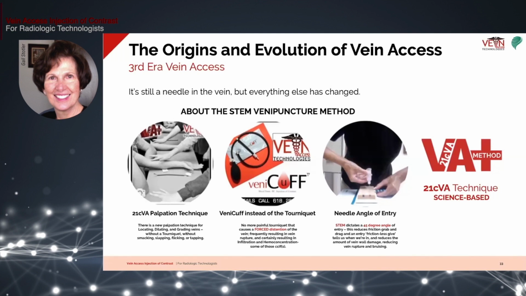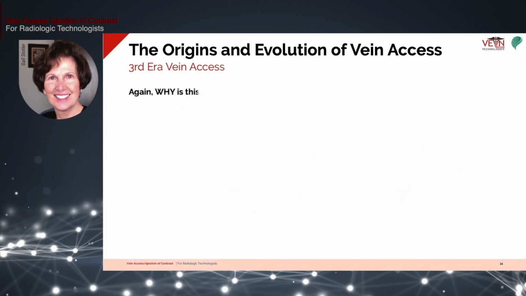There is going to be a tool that replaces the tourniquet. We want something that supports the vein, not that distorts the vein. And then there's going to be new needle angle of entry information and pressure grip assessment, but that's later. Today, we're going to focus on the palpation technique.